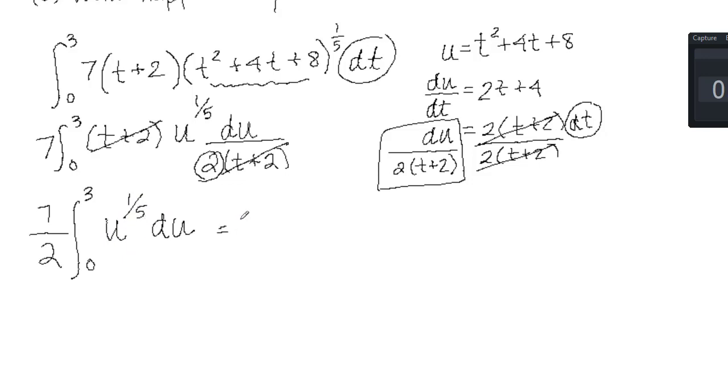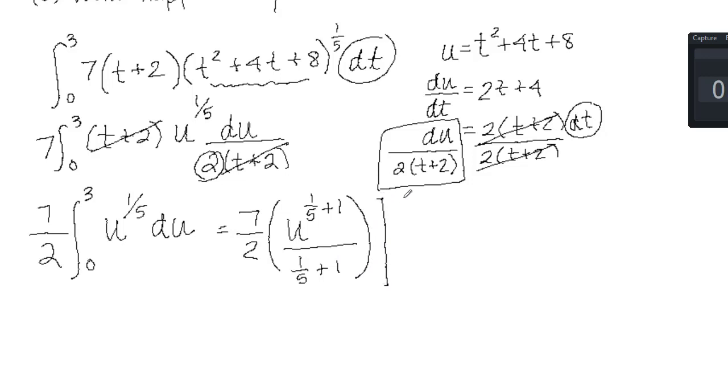So it's going to be 7 over 2 times u to the 1/5 plus 1, divided by 1/5 plus 1, and all of that is going to be evaluated from 0 to 3.